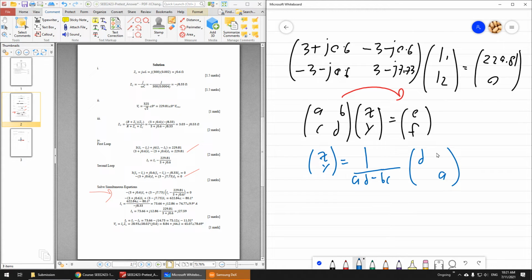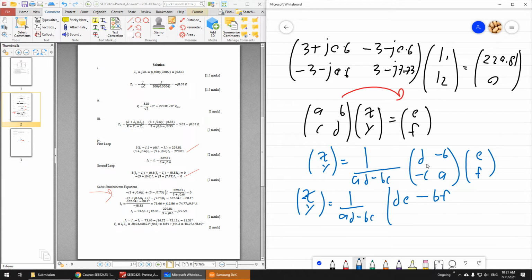And then this one stays, but you have to put negative. And then e and f, and then again x y. So 1 over ad minus bc, multiply by de minus b and f.